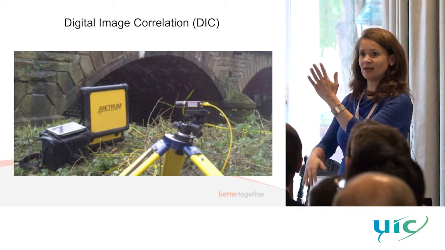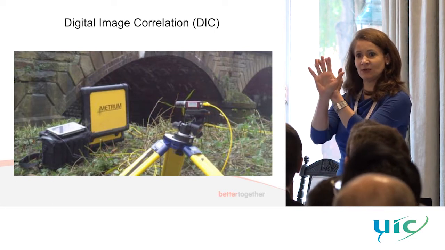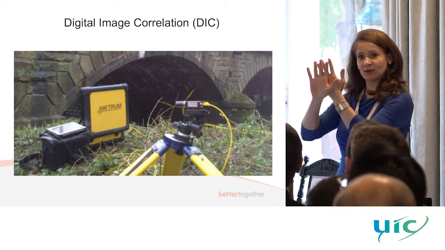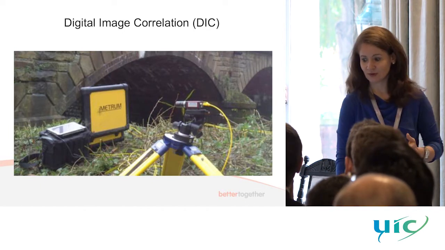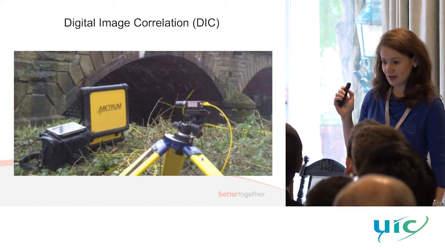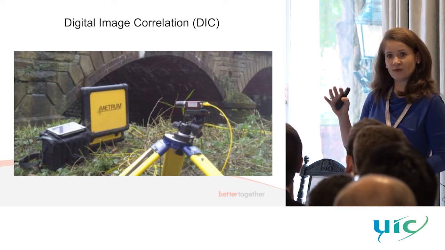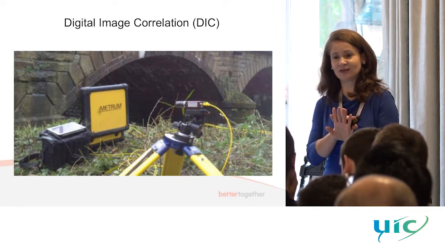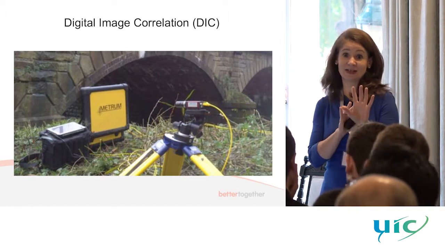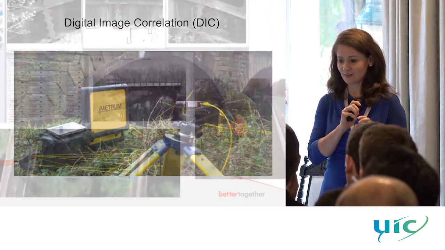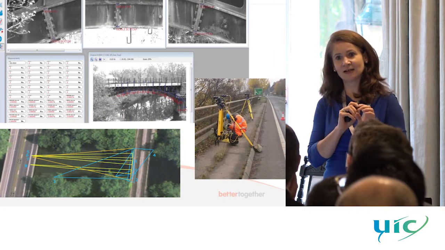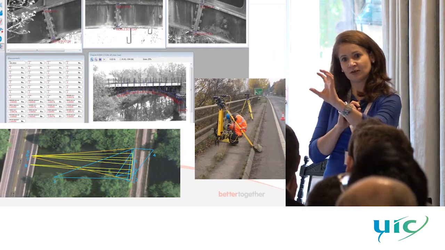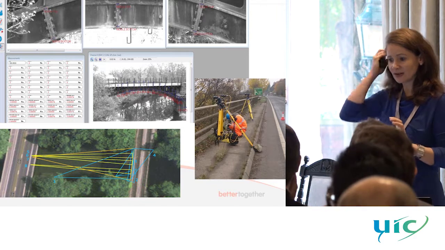Photogrammetry: take one image without loading, one image with loading, and see where the particles shift to on the digital photograph. There's one company I know of that does video recording using digital image correlation rather than stills. So this can be helpful by looking at the response at certain locations to traffic.